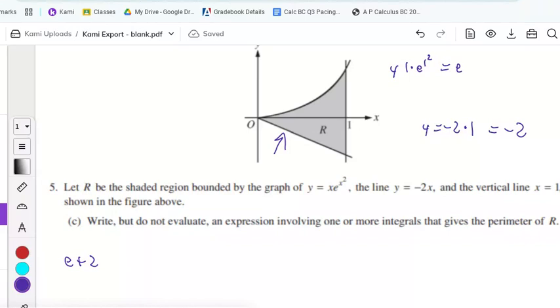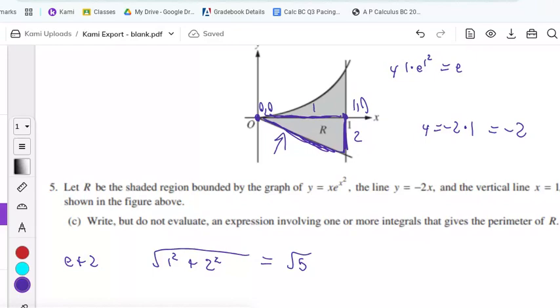Earlier on in part C, we found that the length of this line right here is 2. We know that this intersection point is 0, 0. That means this line goes from 0, 0 to 1, 0. This means the line right here will be 1 unit long. After this, we can use the Pythagorean theorem to add them together and find the length of this line right here.